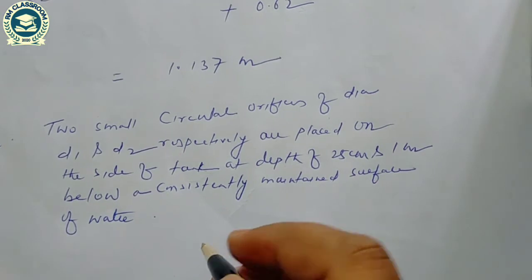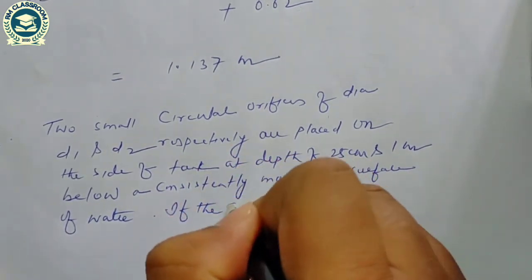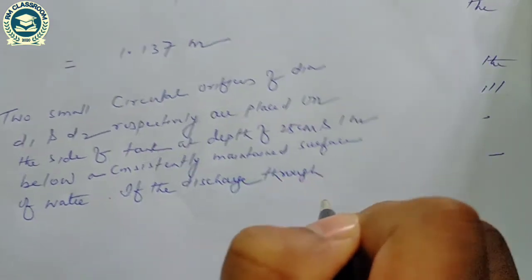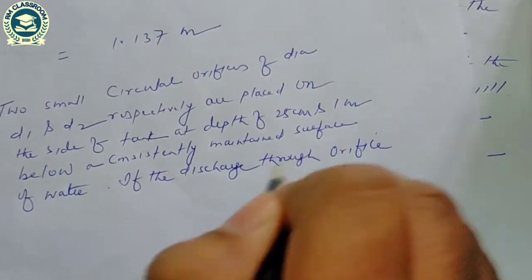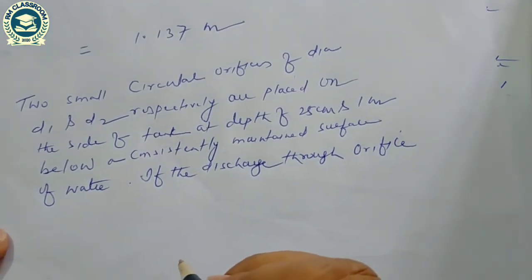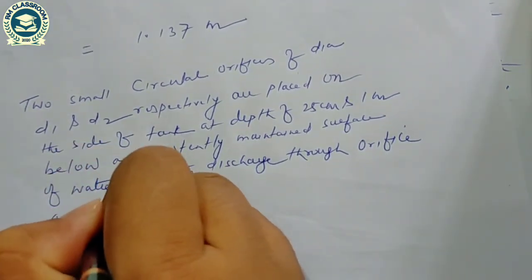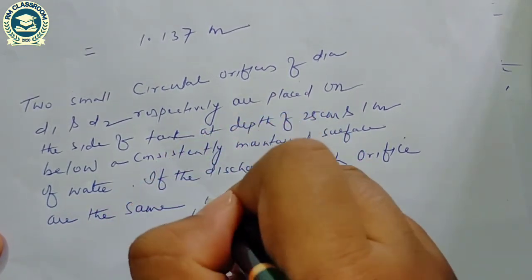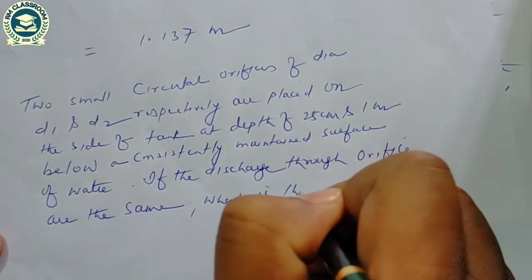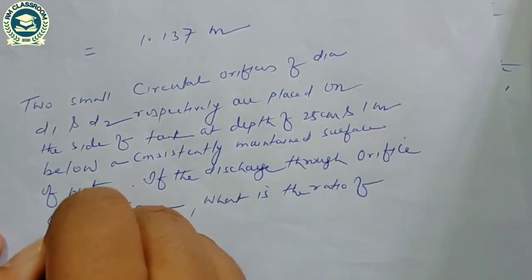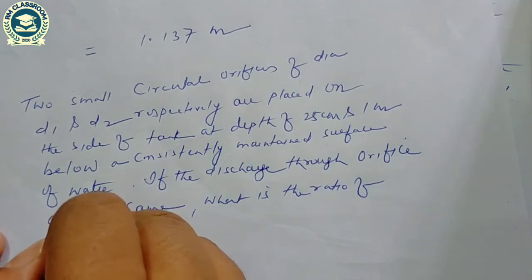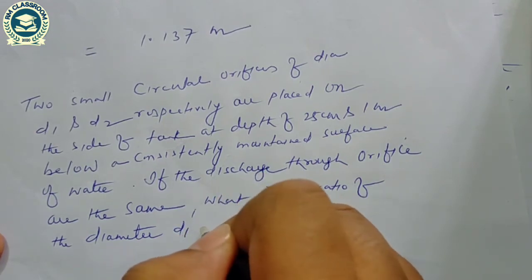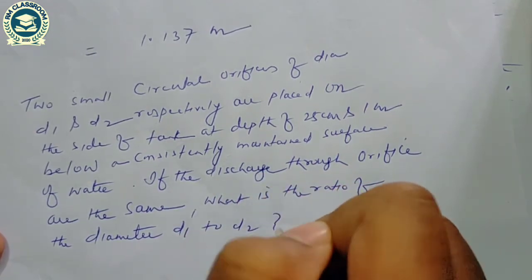If the discharge through the orifices are the same, what is the ratio of the diameter D1 to D2?